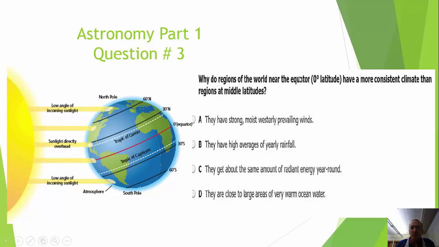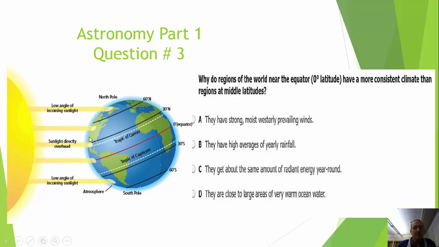Why do regions of the world near the equator, 0 degrees latitude, which is right here, have a more consistent climate than regions of middle latitudes? In trying to answer this question, I want you guys to look at this picture over here. This is the sun, obviously not drawn to scale. We are much further away. I want you to look at the sunlight directly overhead versus the low angle of incoming sunlight on both the northern and southern poles.